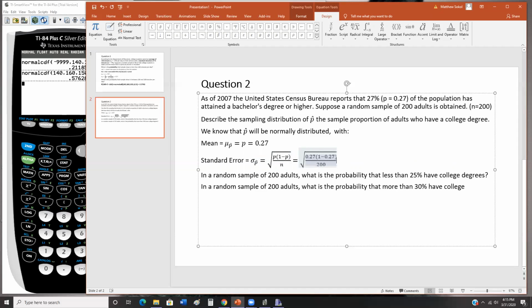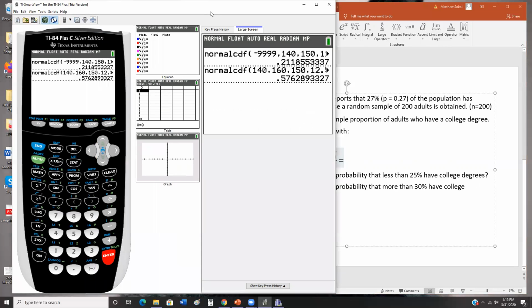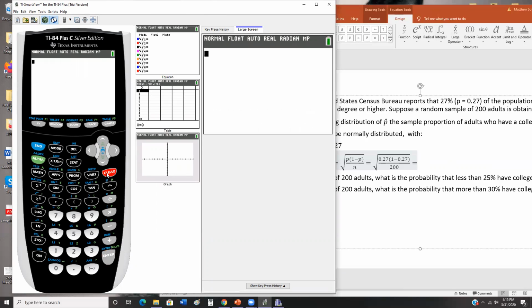So this is equal to, I'm going to grab my trusty calculator here. What I have to do is plug this crazy thing into my calculator. So I'm going to go second function, square root, 0.27 times, in parentheses, 1 minus 0.27, close the parentheses, divide all that by 200.